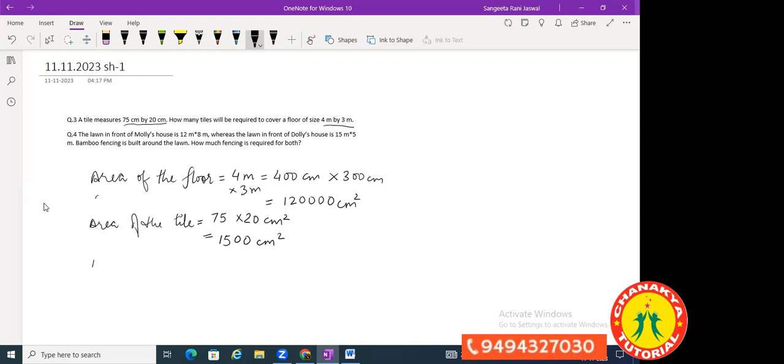Now, how will you find the number of tiles? Area of the floor upon area of tile. So this will be 1, 2, 0, 0, 0, like this, upon 500. Two zeros cancel, and the rest of the part.